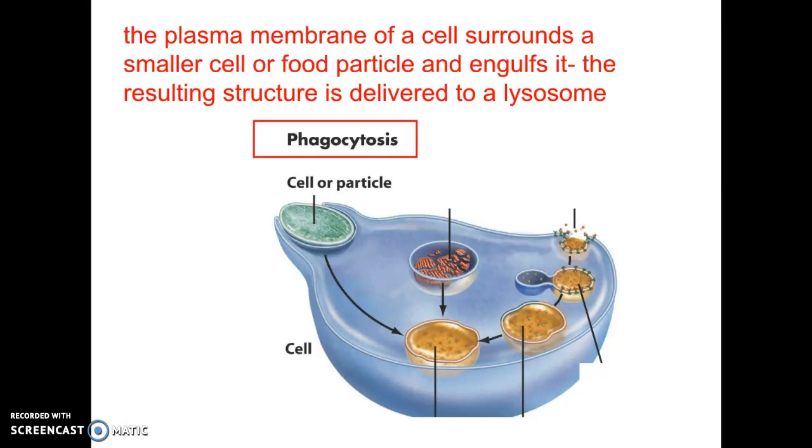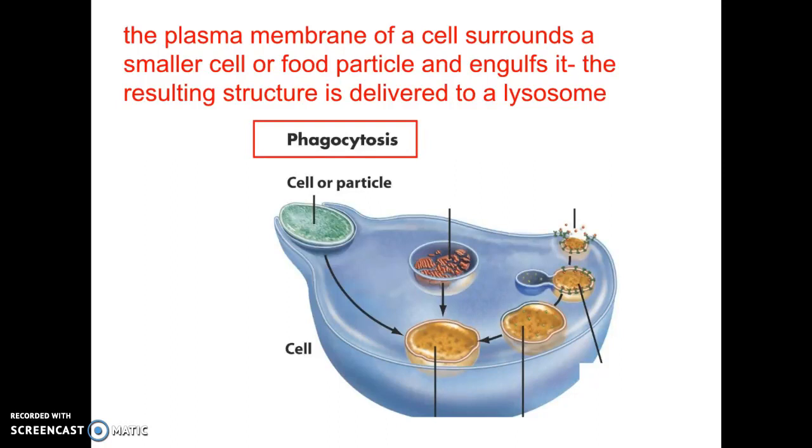And you can go on YouTube and find a video, just Google macrophage eats bacteria, and you can watch them extend these pseudopods around this bacteria, and the bacteria is just sitting there inside of the vesicle for a short period of time, and then you see it start really moving around and trying to get out.